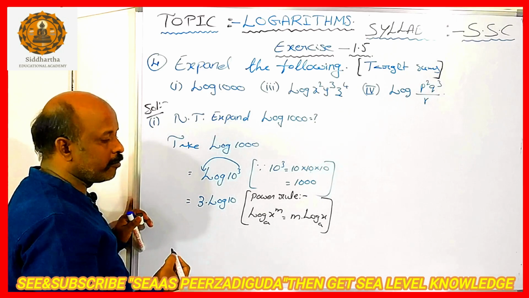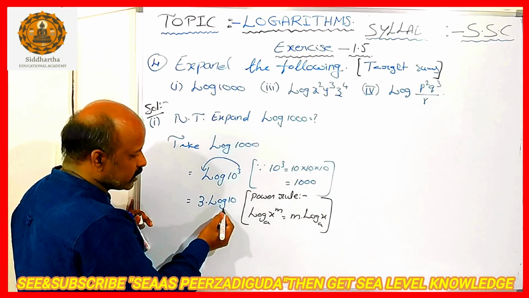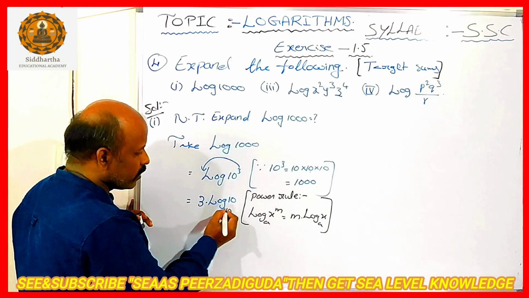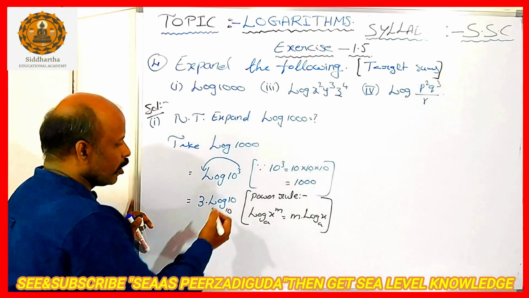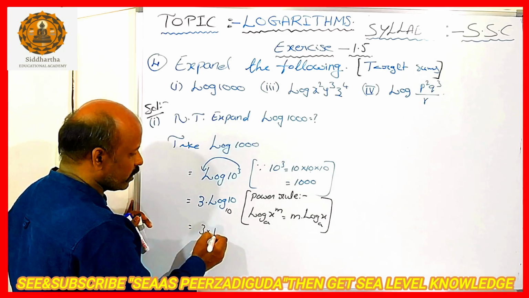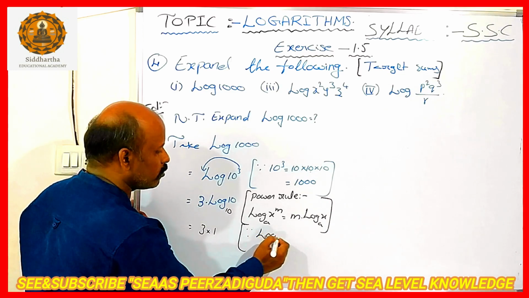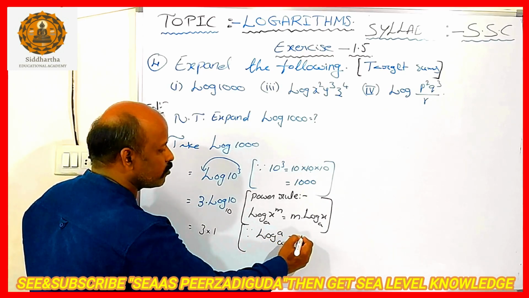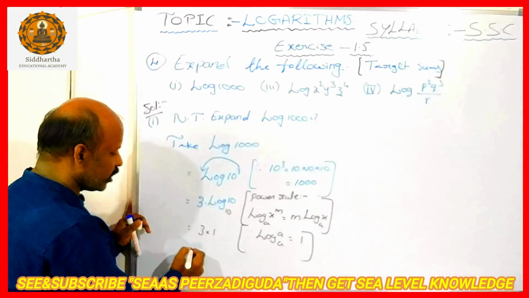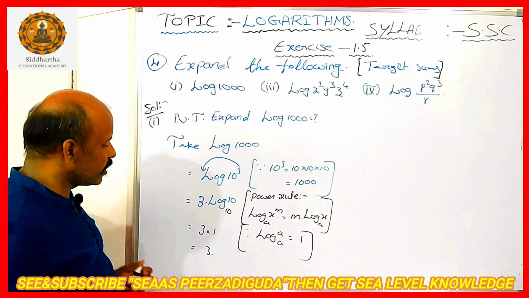Already I told you, for log 10 here, no base is written. We can take it as 10. The value of log 10 base 10 is 1, since we have one formula, log a base a is equal to 1. Now 3 into 1 is how much? 3. So finally what we got here?